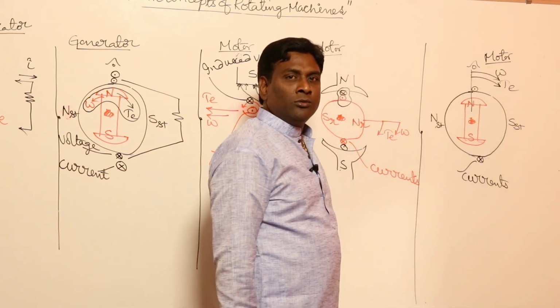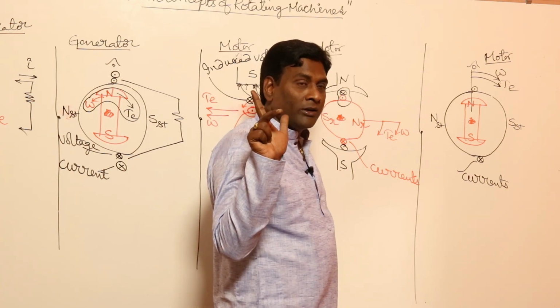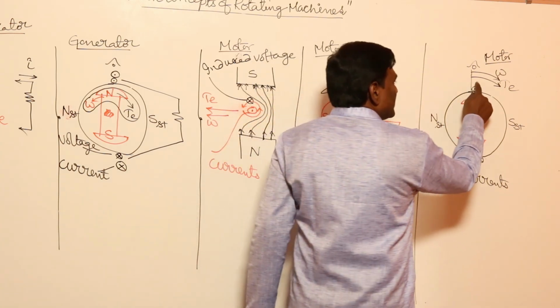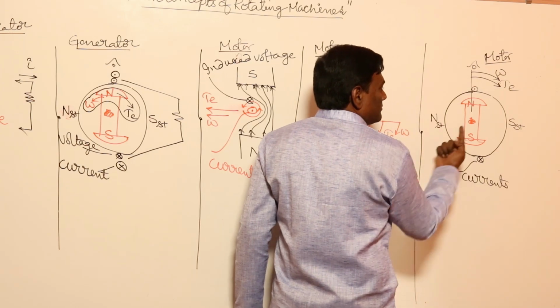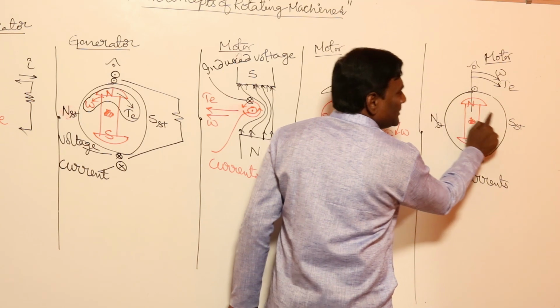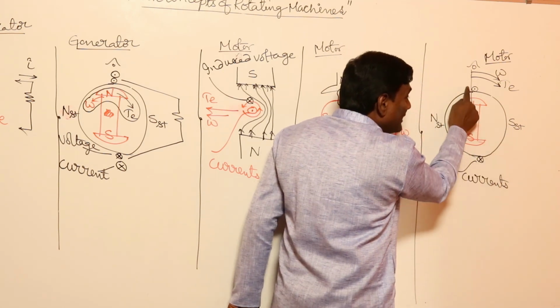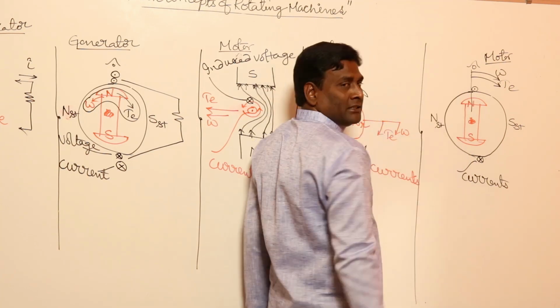Now let us try to calculate the induced voltage direction using the right hand. Flux is in this direction, and see here, the pole is being rotated in this direction. The field is being rotated in this direction, which means the conductor is equivalently rotating in the opposite direction.